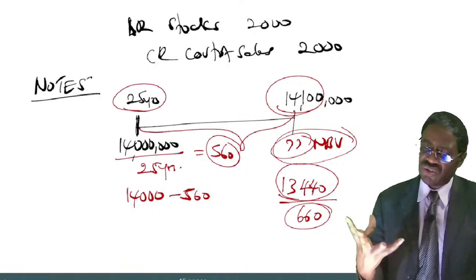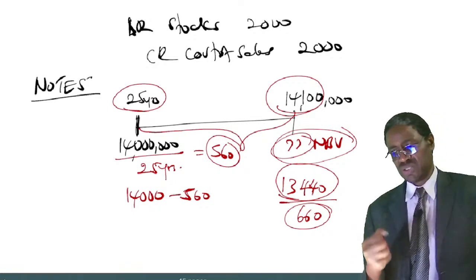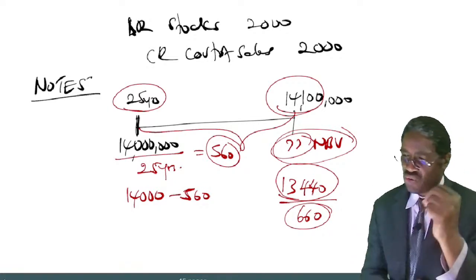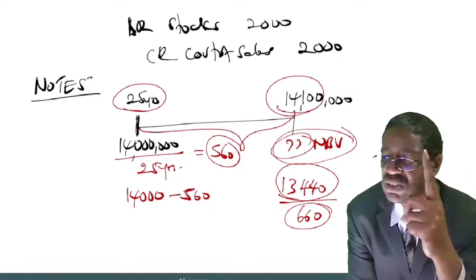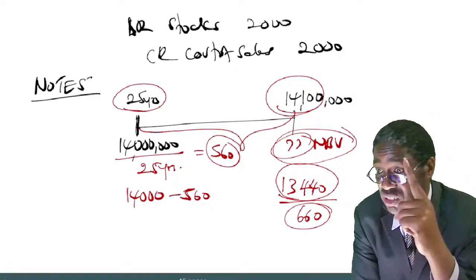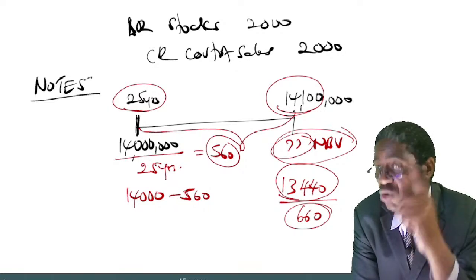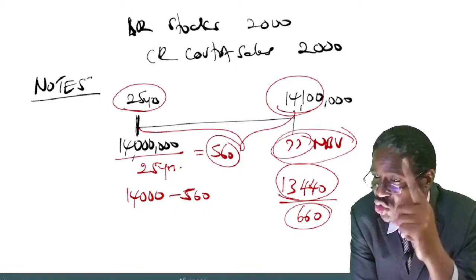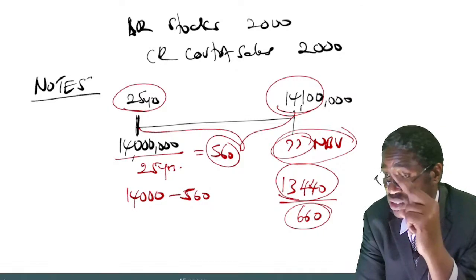So this note wanted to test on two things. One, what will you depreciate this year on the building? You should depreciate it by 560.